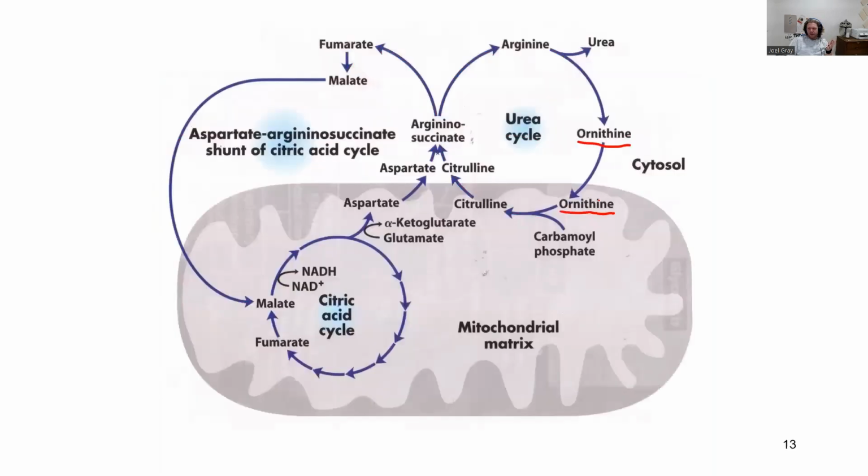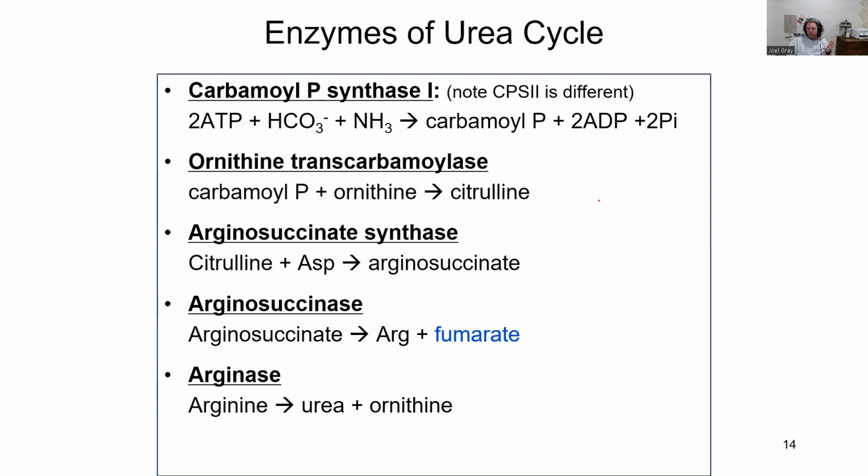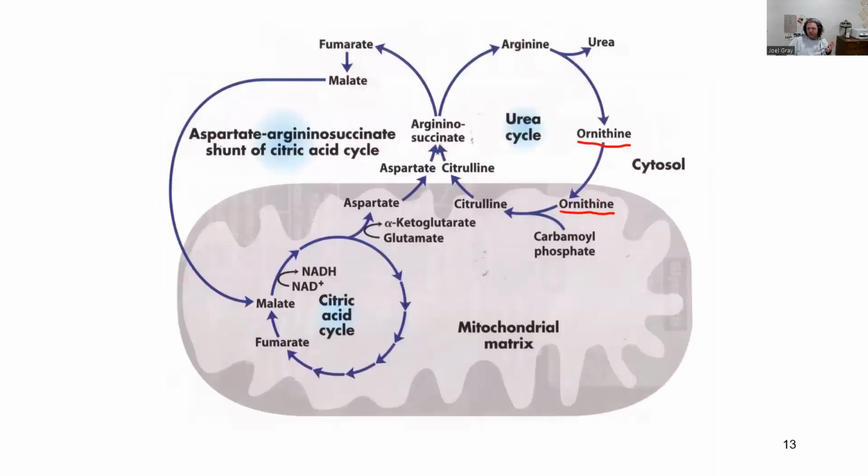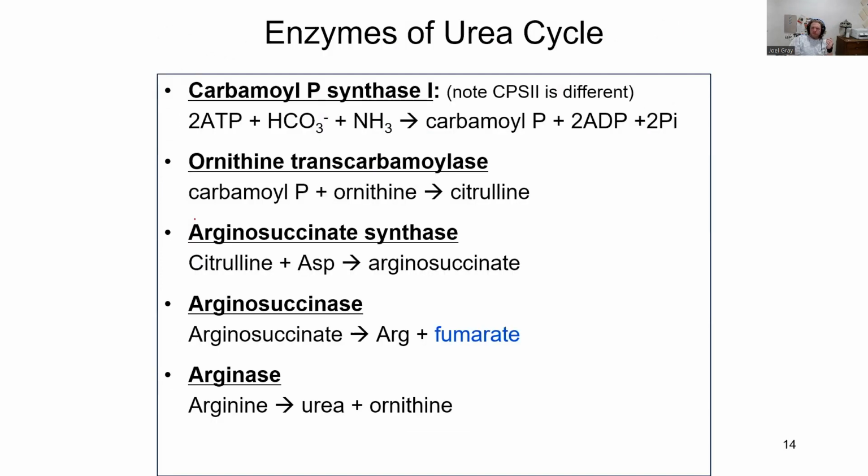So that's not listed there, but the first time that we see ornithine, it's actually in the mitochondrial matrix. Ornithine plus carbamoyl phosphate will lead to the formation of citrulline. So if I jump back, we have ornithine plus carbamoyl phosphate to yield citrulline.